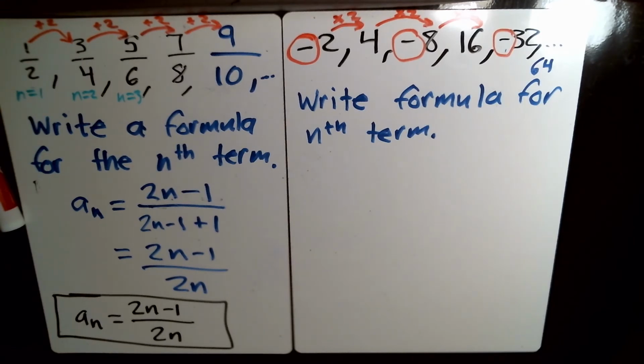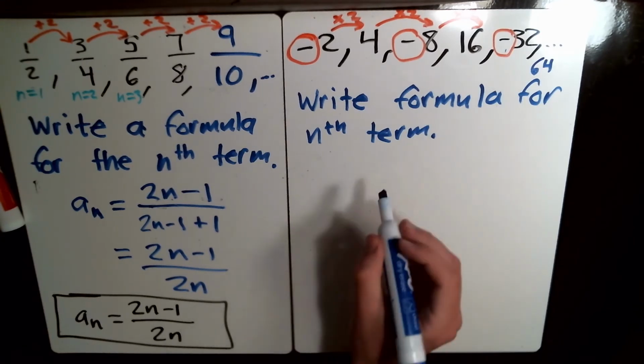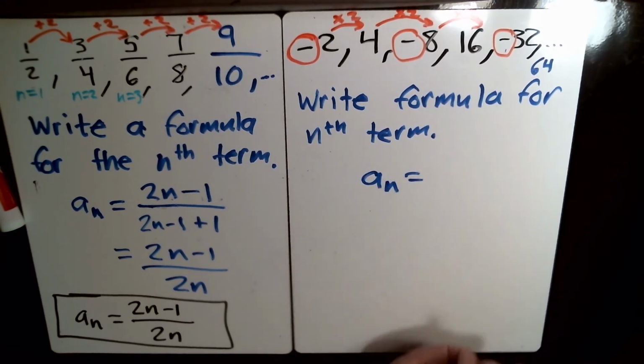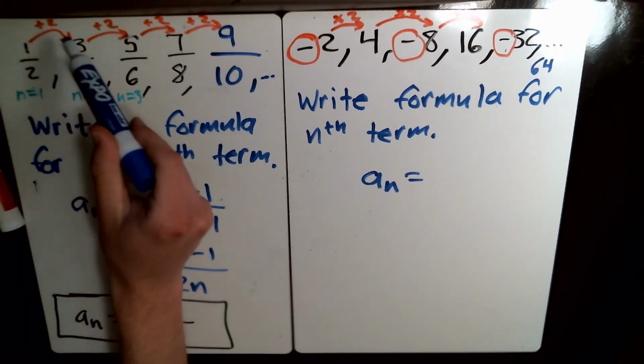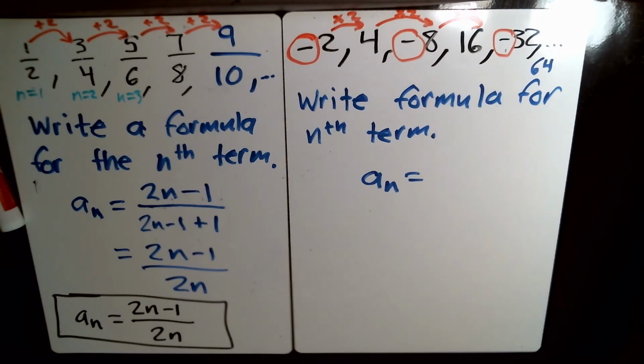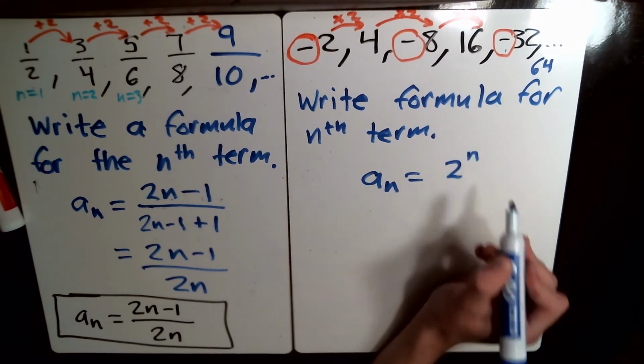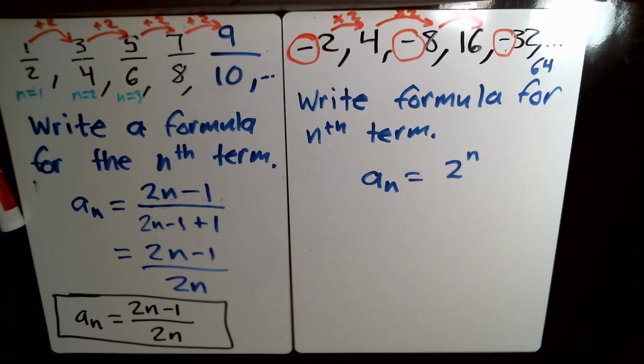So to find a formula for the nth term, a sub n, since we're multiplying by 2 repeatedly, it's going to be an exponential function. When you're adding things repeatedly, that's going to be linear, okay? So where we're multiplying by 2 repeatedly, it's going to be exponential, something like 2 to the n.